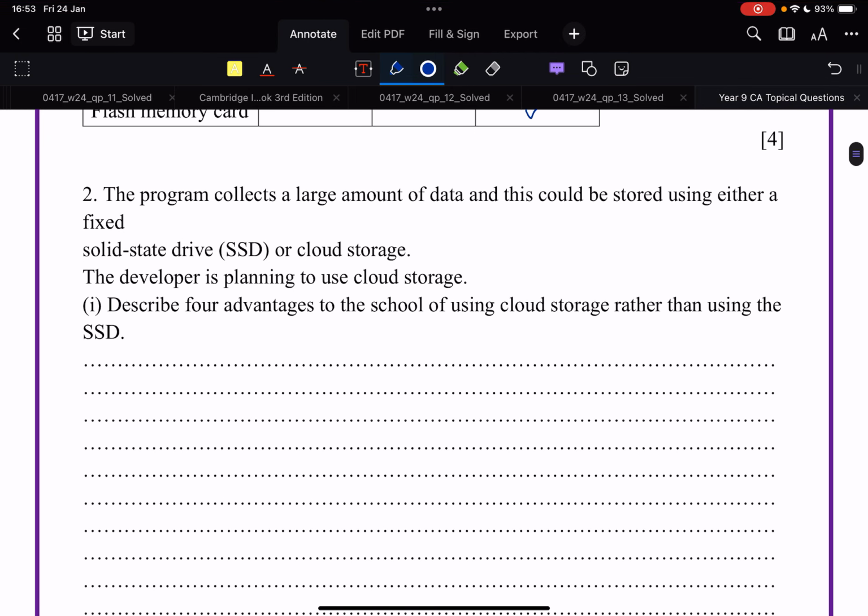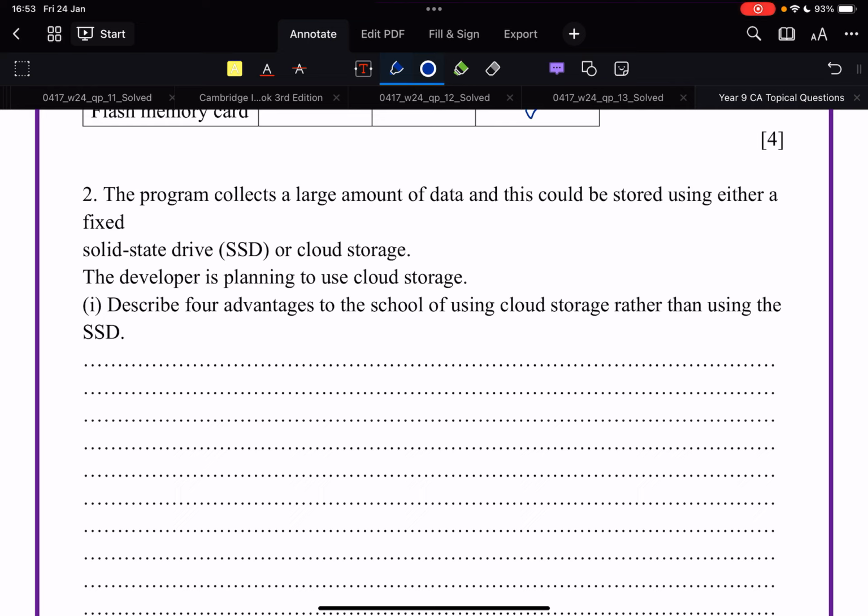Question 2. The program collects a large amount of data, and this could be stored using a fixed solid state drive or cloud storage. The developer is planning to use cloud storage.